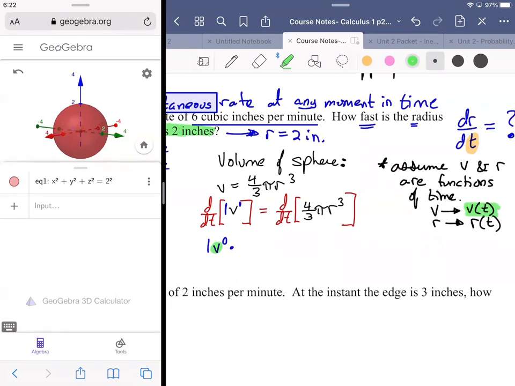That V of t, I can represent its derivative a couple of different ways. One way would be to throw a prime on it. A lot of folks like writing it this way because it's more concise. You could say V prime of t. But we also know, like f prime of x, y prime of x, all those forms of notation just mean dy/dx. This just means dV/dt. The 1V to the 0th is just 1, so that's irrelevant.